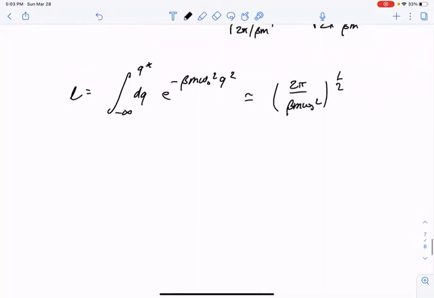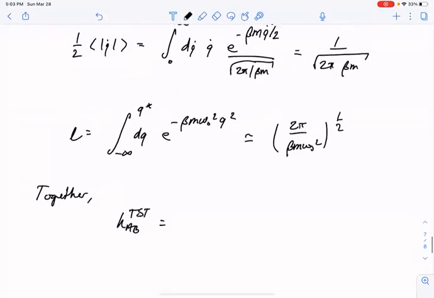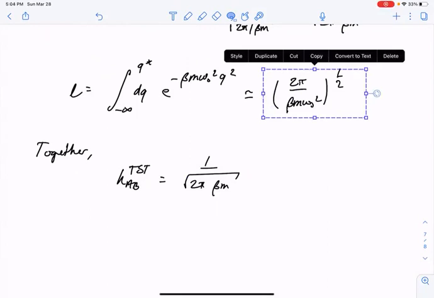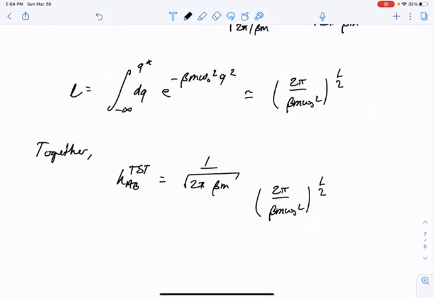All right, so putting that all together, we have k AB, transition state estimate. We have a Q dot, which gives us this, divided by L, which gives us that, and the probability of getting to the top of the barrier, e to the minus beta delta omega.